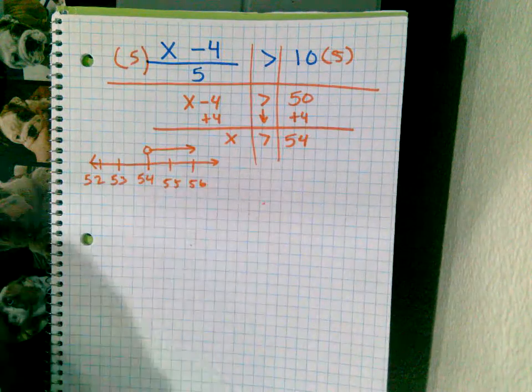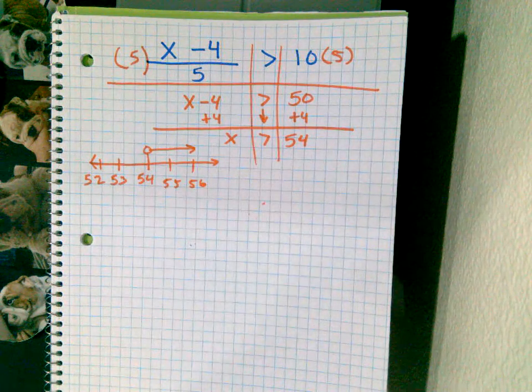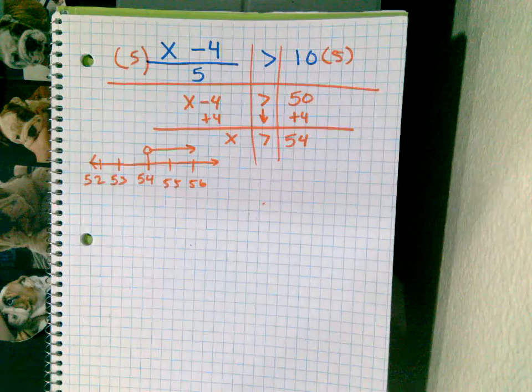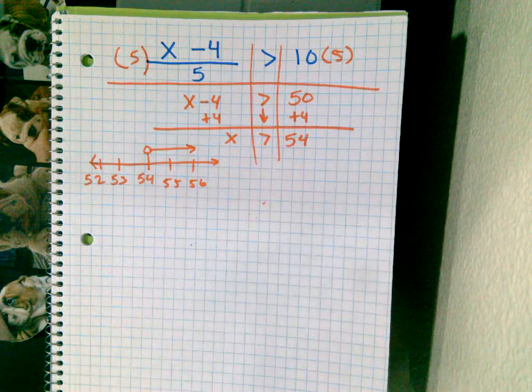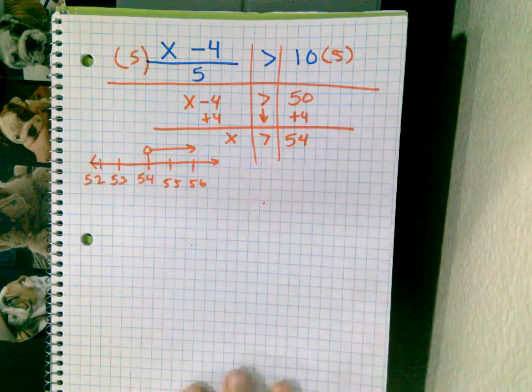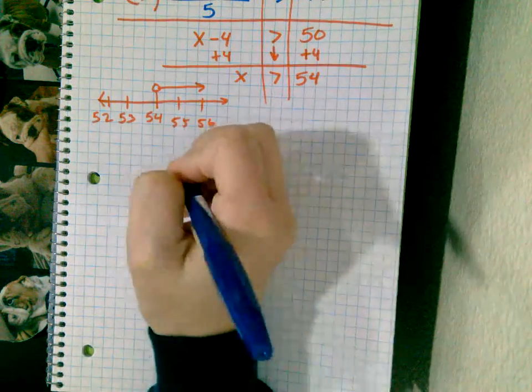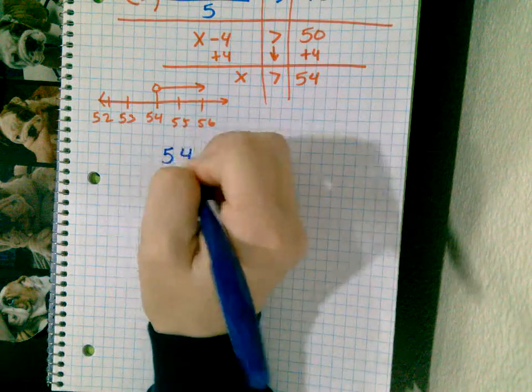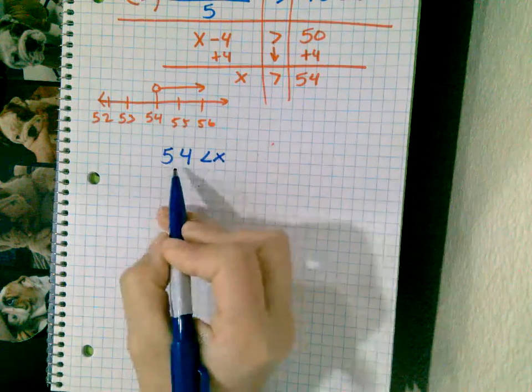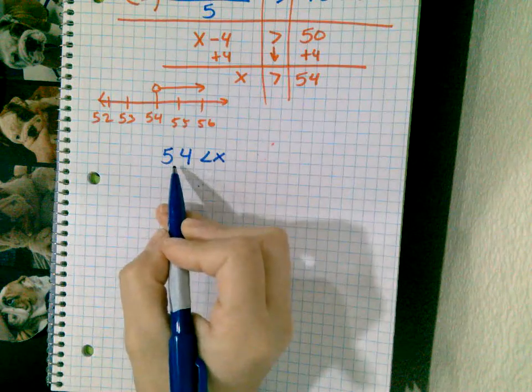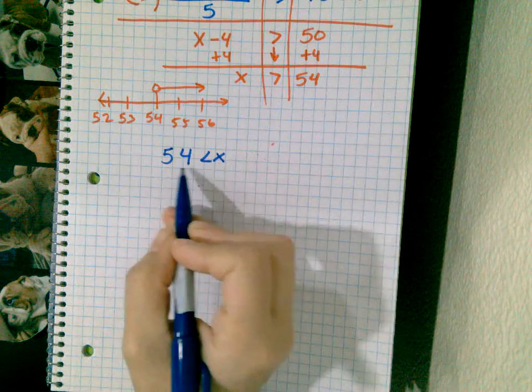Now, we're okay? The second thing I wanted to go over is just a reminder. You won't see this today, but I was grading some papers over the week because you guys have been turning in late work, which is fantastic. Remember, if it's written like this, where the number is first, you see how the number is first and then the variable? You have to shade the opposite way.